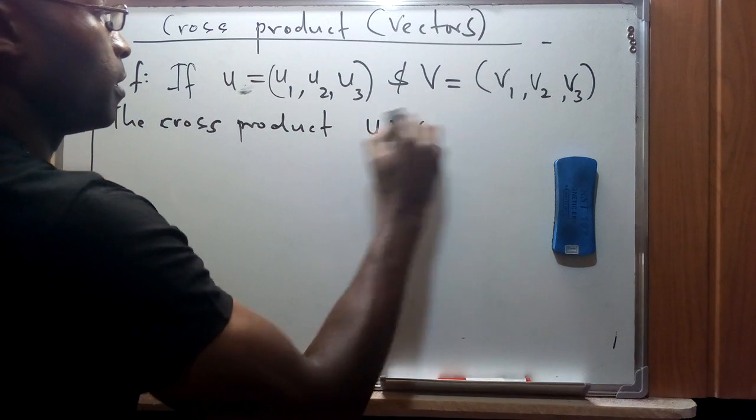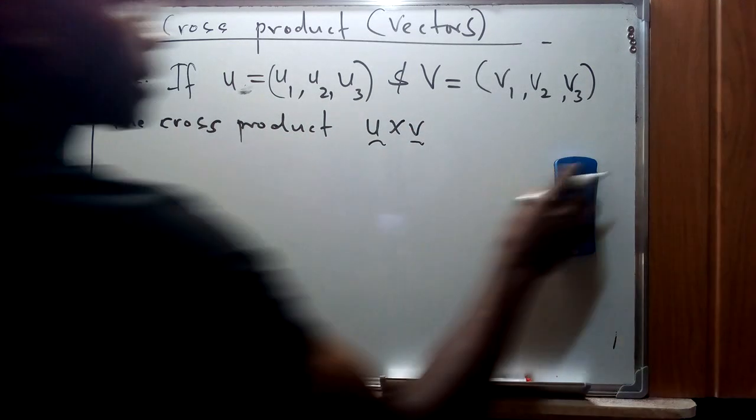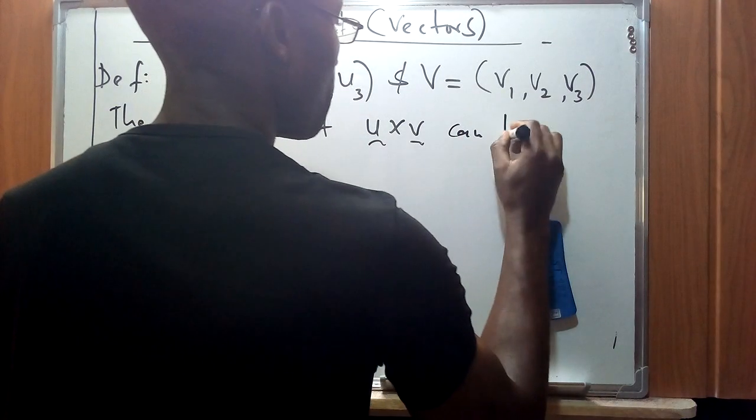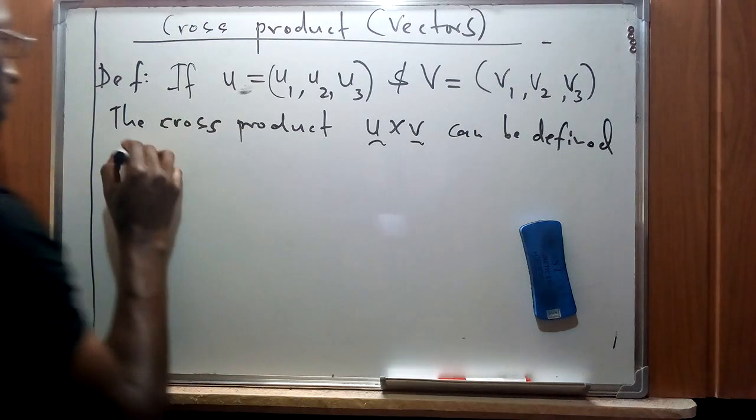u cross v of the two vectors can be defined as follows.